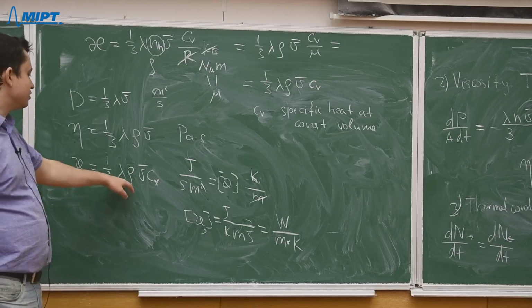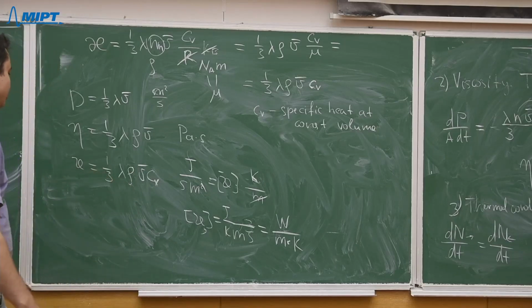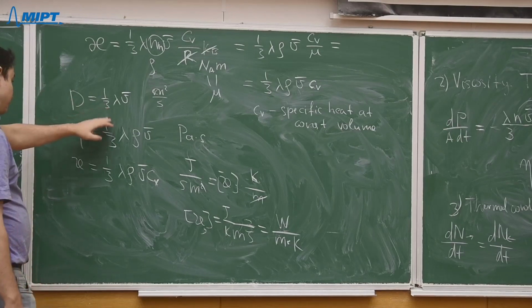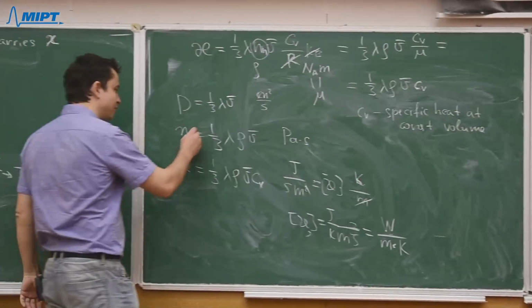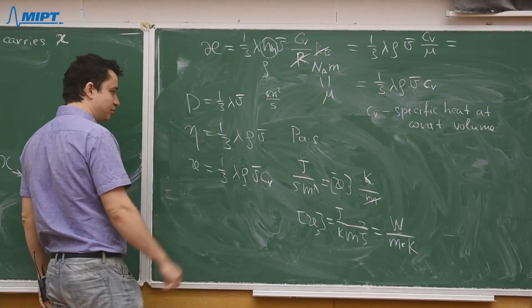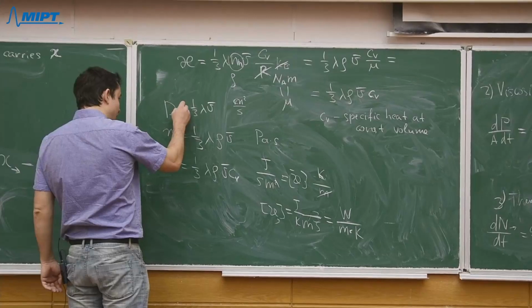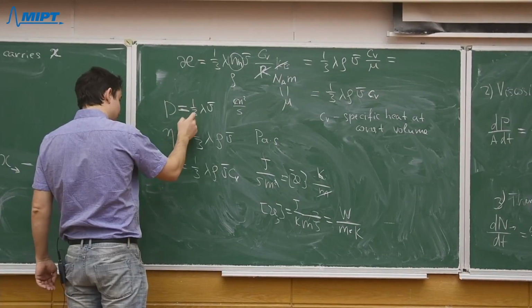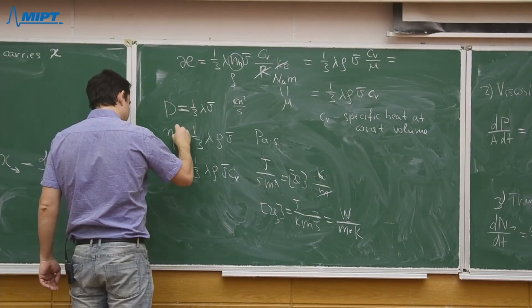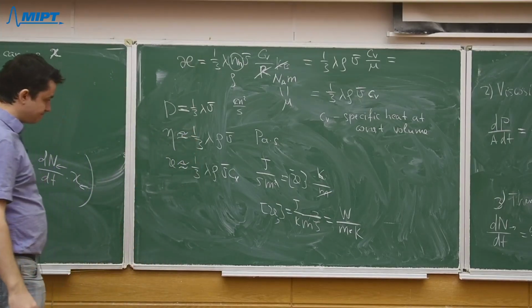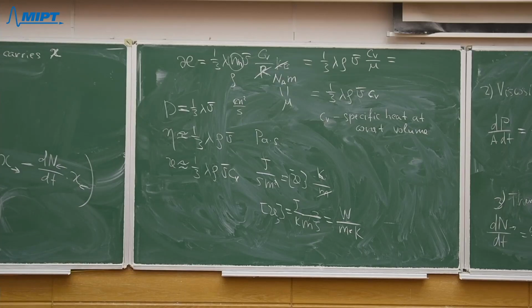And then I also need to add lambda, which has the dimension of meters, in order to set up the correct exponent for meters. So these equations, up to this coefficient of 1/3, which can be remembered, can be determined just from the dimension analysis. And also this one is more or less strict, while this one and this one, well, they're actually fairly approximate.